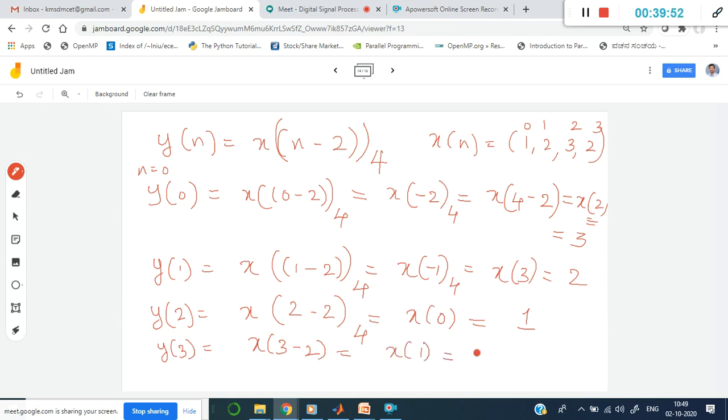What is x of 1 value here? That is 1. Sorry, no? x of 1 is 2. Now what is the new signal? y of n is nothing but x of n minus 2. What happened?